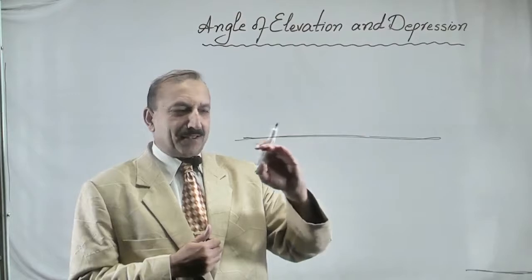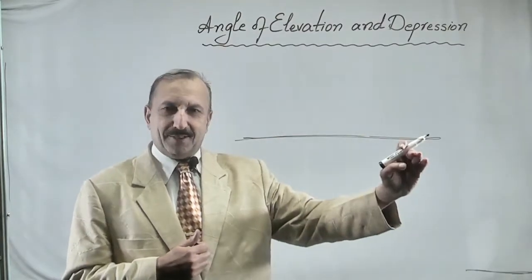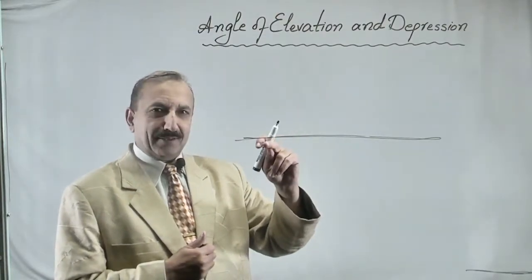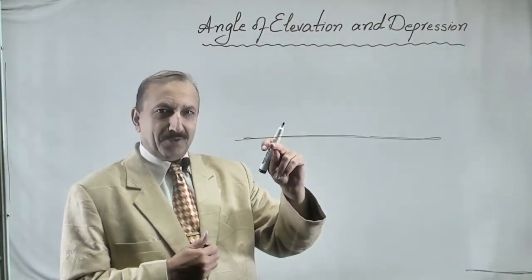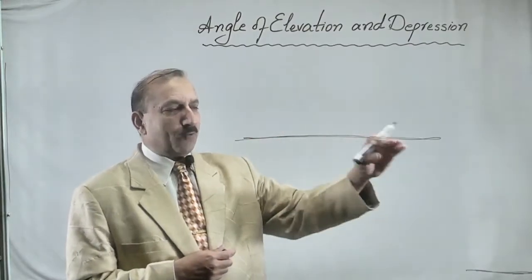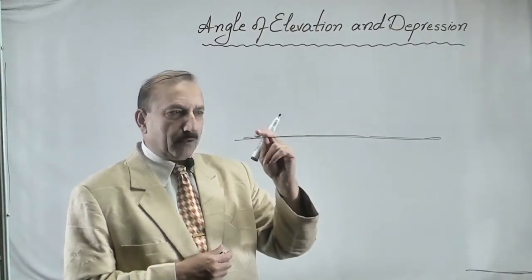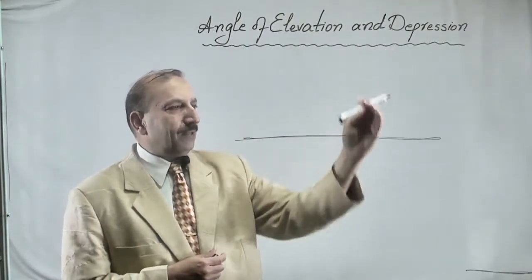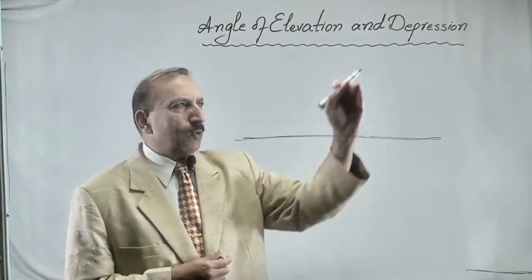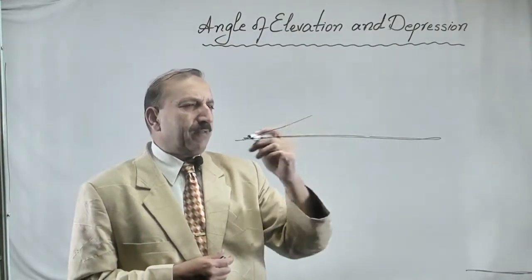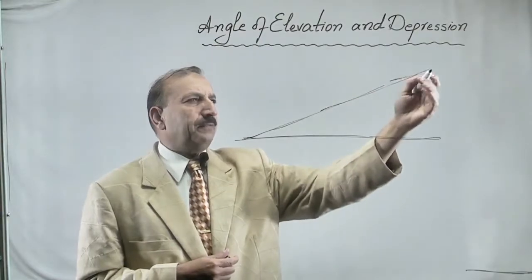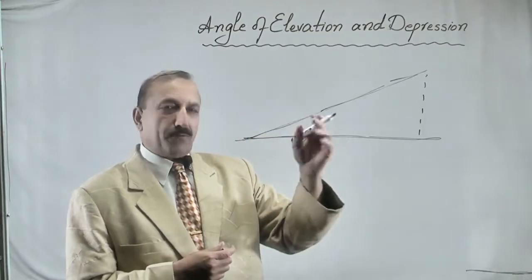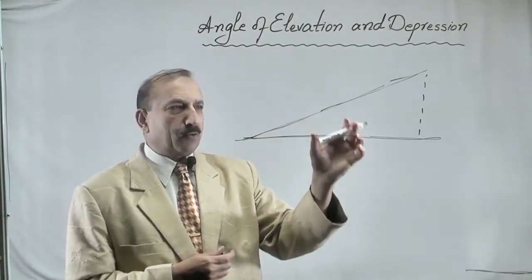This line of sight has now become the horizontal line, and if I look above the level of this horizontal line, which was actually the level of my eyesight, if I look like this, above my eyesight, it means I'm looking somewhere here, upward. It means the line of sight is now shifted from this level to this.